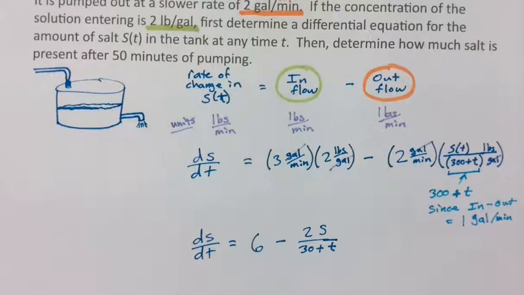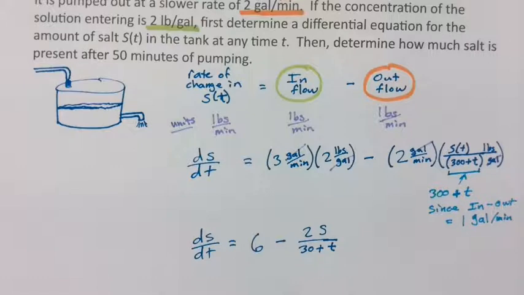At this point, we have a linear differential equation that we can use our integrating factor with. You'll notice there's our variable s. This has an s term that we can slide to the other side and begin the process of the integrating factor method.